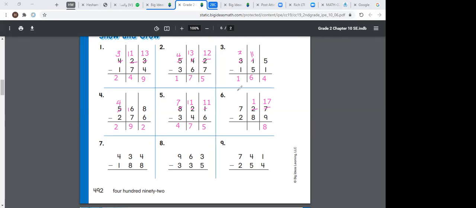Now 1 will go to 7. 7 becomes what number and this one becomes what number? 7 becomes 6 and 1 becomes 11. Now 11 minus 8 equals what? 3.